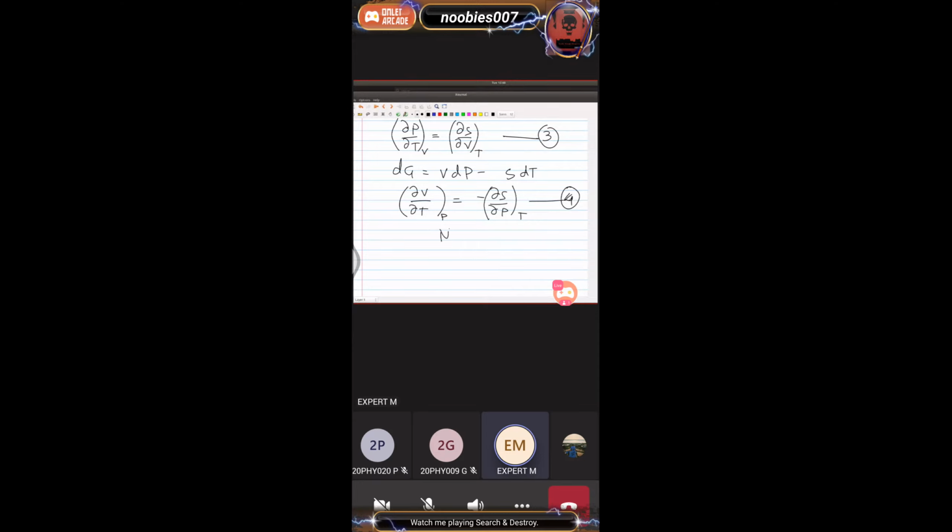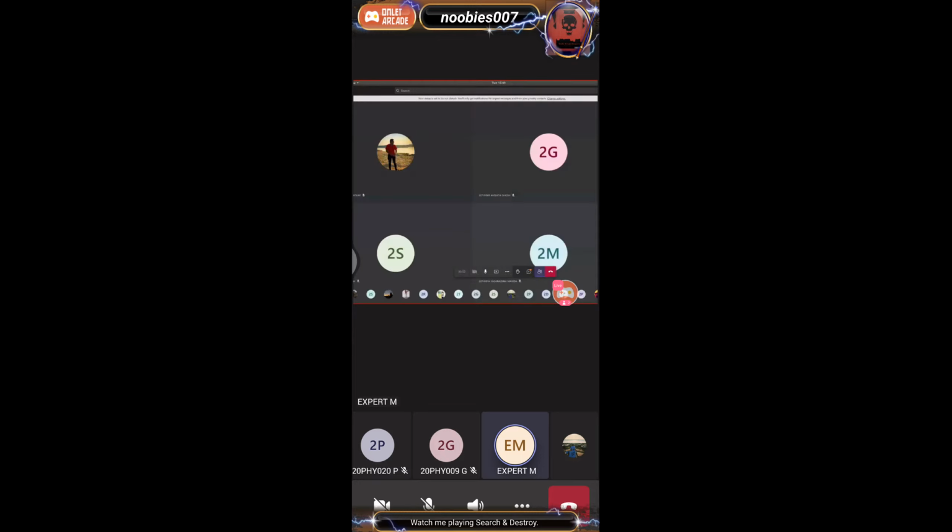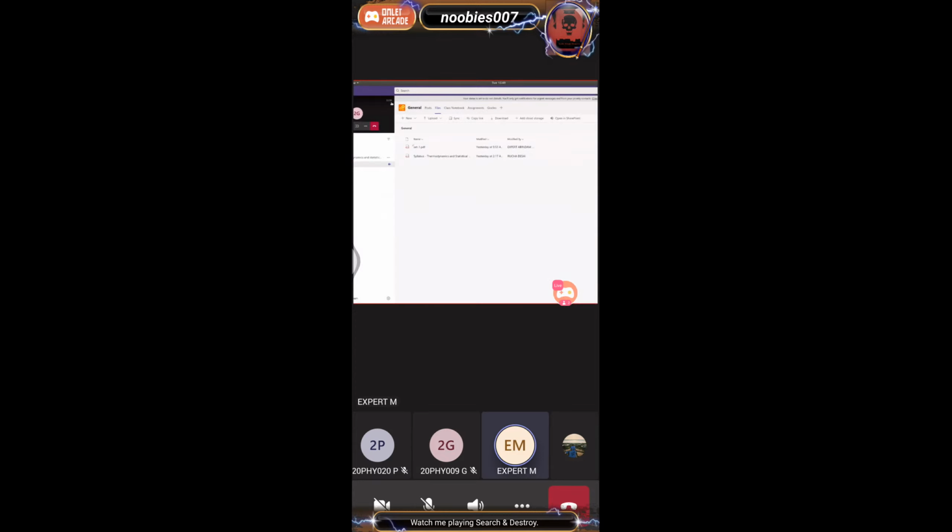So these are my Maxwell's equations. We will use this quantity in our next calculations. So if you see the tutorial, where are the tutorial files?